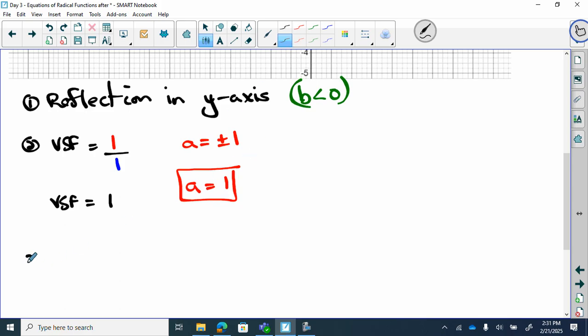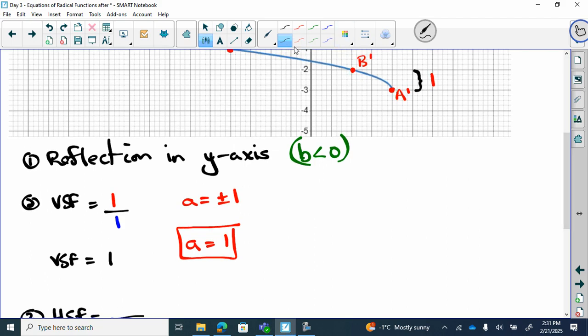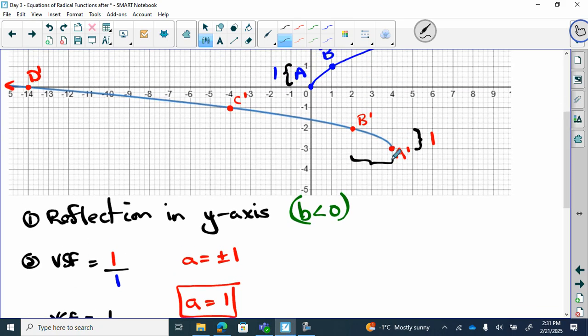Let's go with the horizontal stretch factor. This time I'm looking left to right. A prime to B prime. That's at an x value of 4. That's at an x value of 2. How many units between 2 and 4? 2.